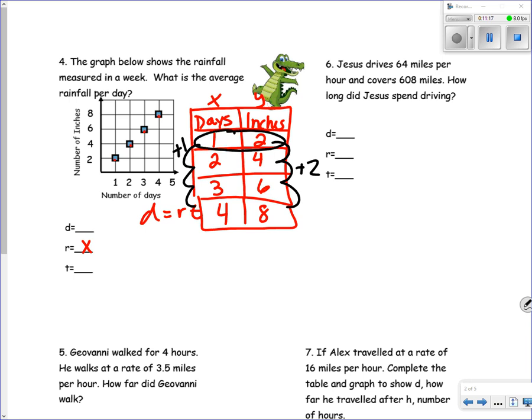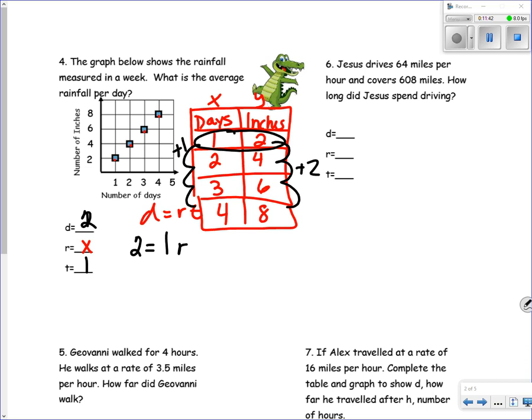At this point, my distance is going to be the inches, 2, and my time is going to be 1 day. So when I set it up, distance equals, so 2 equals rate, which is R, and my time is 1.